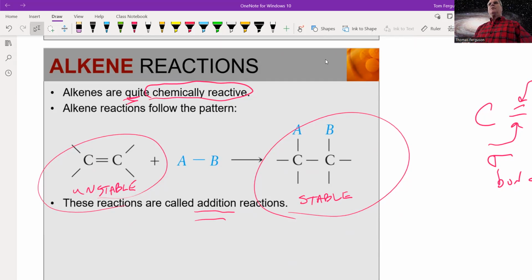So we have the natural order of things going from unstable to stable. So if a reaction is taking something that's unstable going to stable, naturally it goes smoothly. If we're going the other way, it doesn't go smoothly at all. It usually requires heat and all kinds of caustic measures.